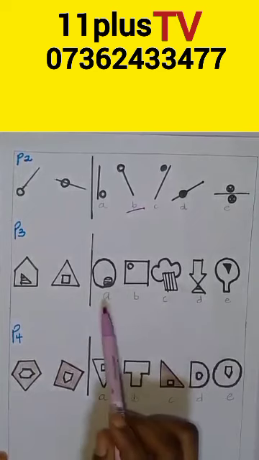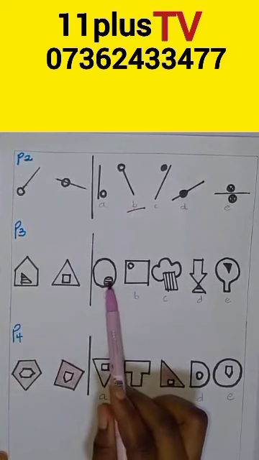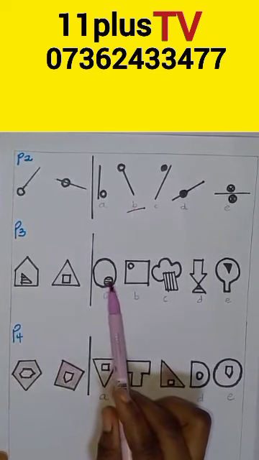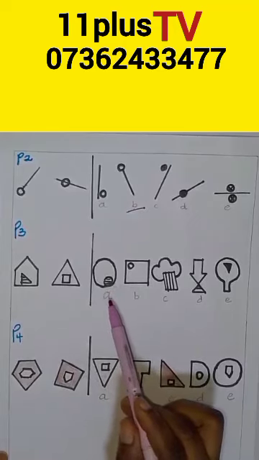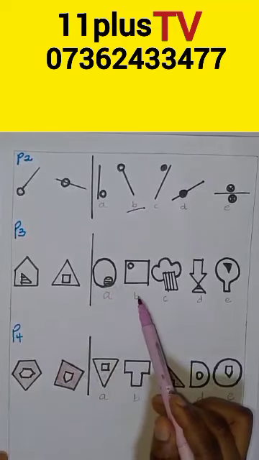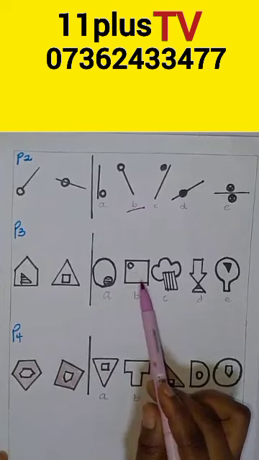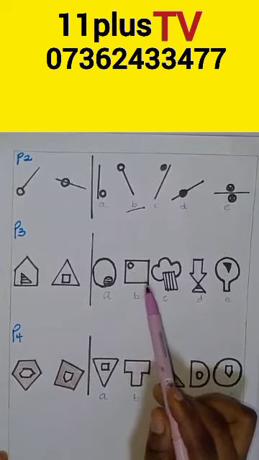Let's start with A. A has a shape within, one of the common features, but has no triangle. So we eliminate A. B has a circle inside, that's a shape within but has no triangle.